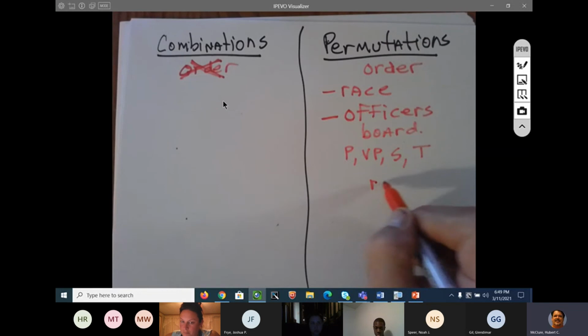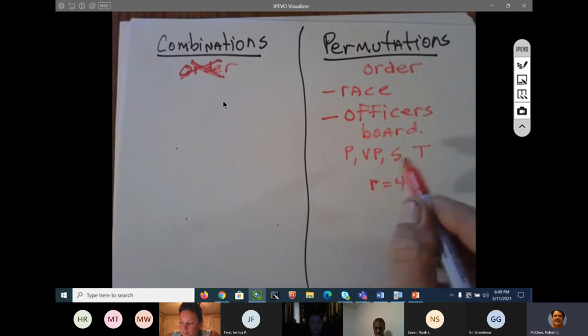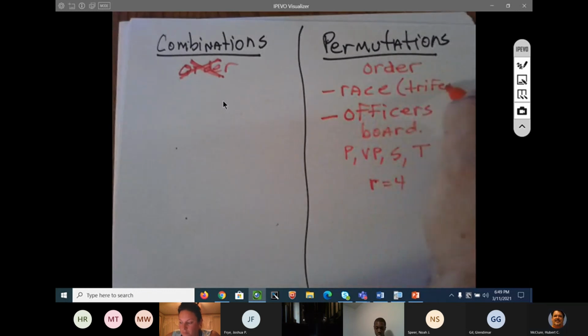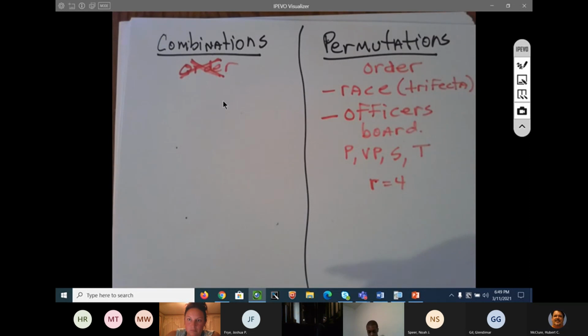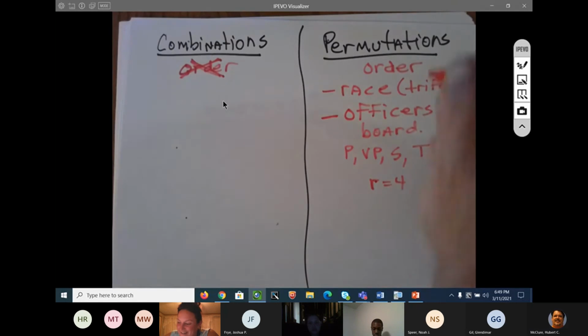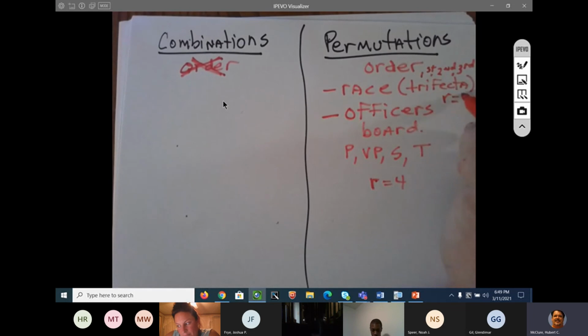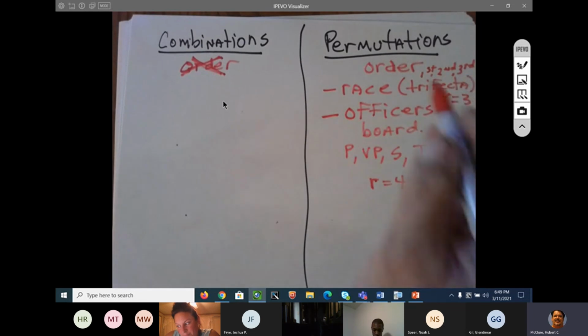N or R is equal to 4 because how many officers is that? And with the race, it's called a trifecta. Can anybody tell me what a trifecta is? First, second, and third. So R would be equal to 3 on that one.